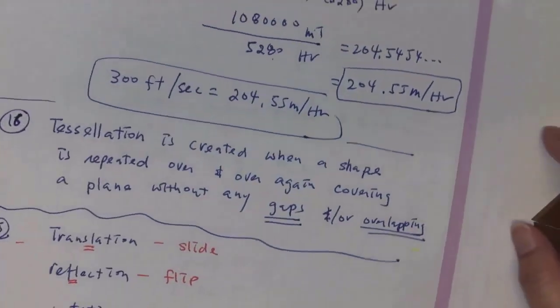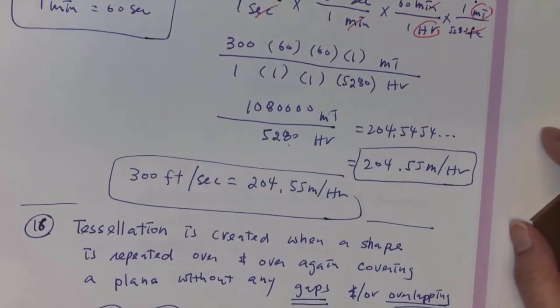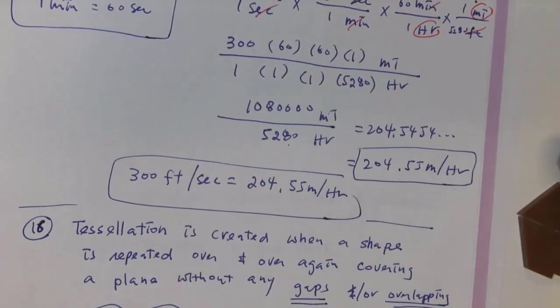So the definition of tessellation is that it's created when a shape is repeated over and over again. It covers some kind of space without any gaps and overlapping. So a lot of times, like tile on the floor or the ceiling tile, they will cover the whole space. That is tessellating.